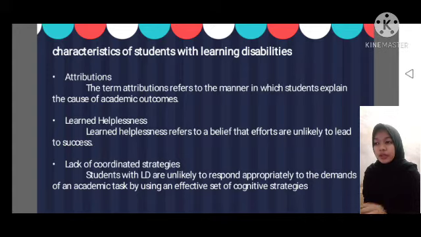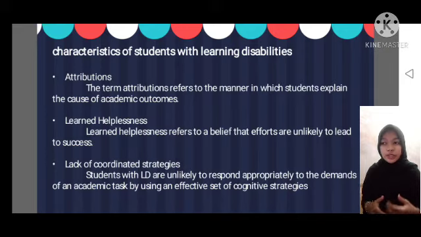Point number 4 is helplessness. Learned helplessness refers to a belief that efforts are unlikely to lead to success. In other words, a student believes that no matter how hard they try, they simply won't succeed.